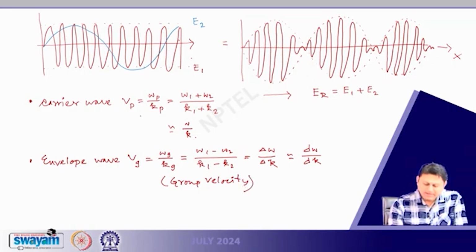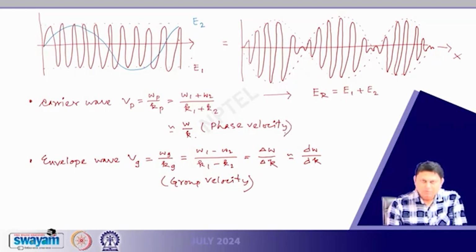And the carrier wave, which is propagating with a velocity omega divided by k, is called the phase velocity. So, these two velocities we define: in one case it is omega by k and in another case it is d omega by dk.